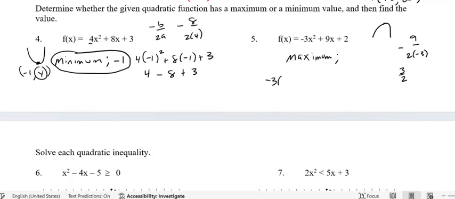To find the value, you're just going to plug 1.5 in for x, and the number that comes out will be our value. So negative 3 times 1.5 squared plus 9 times 1.5 plus 2, and that is 8.75.